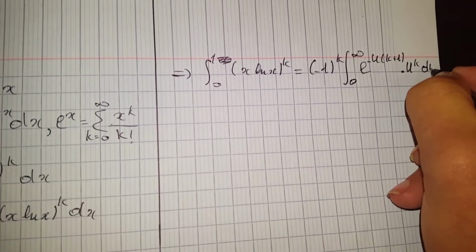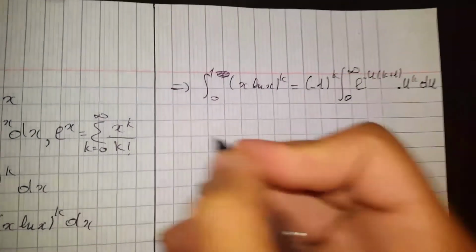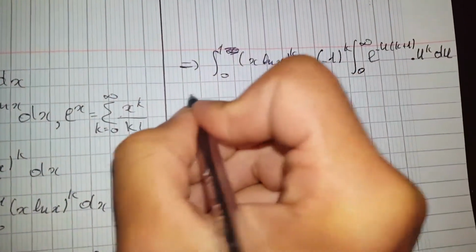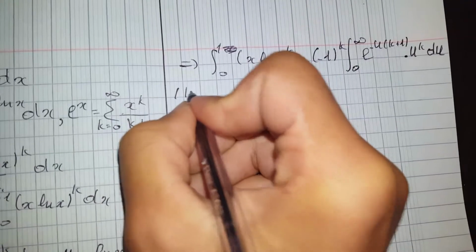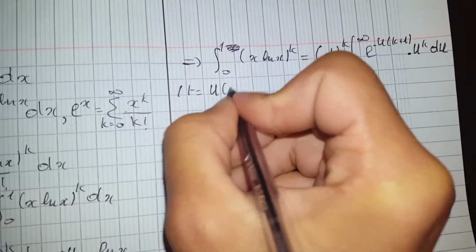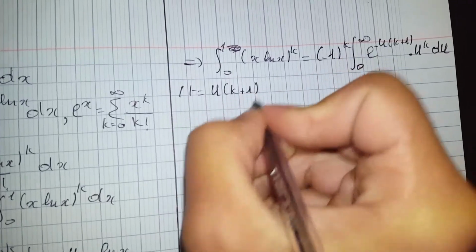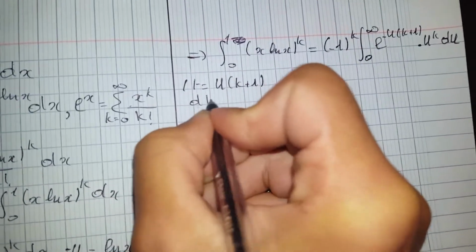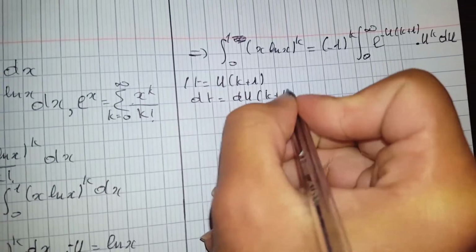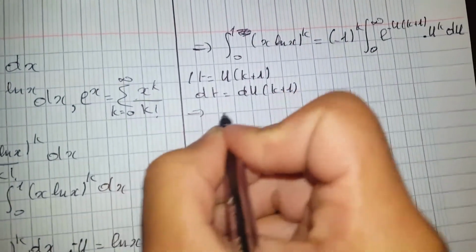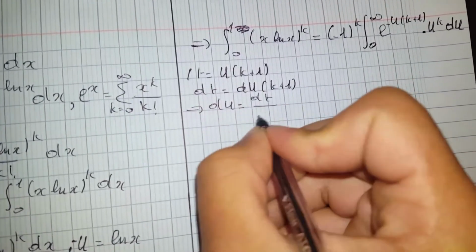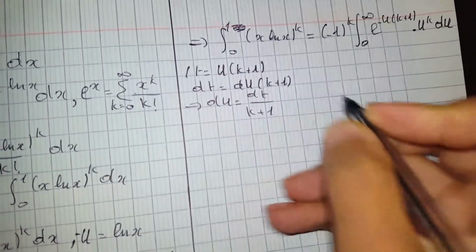And I'm going to make another substitution. I'm going to say that t is equal to u to the k plus 1, so that dt equals du multiplied by k plus 1, so that du will equal dt over k plus 1.